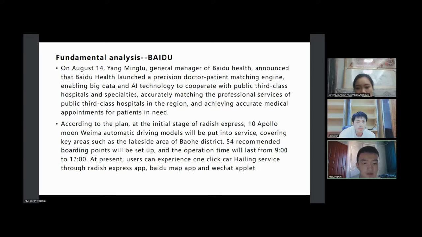At present, users can experience the one-click car hailing service through the Radish Run app, Baidu Map app, and WeChat applet.